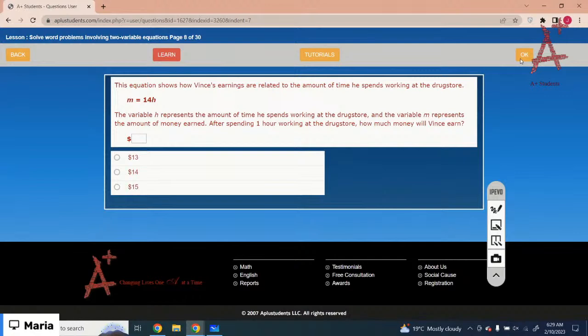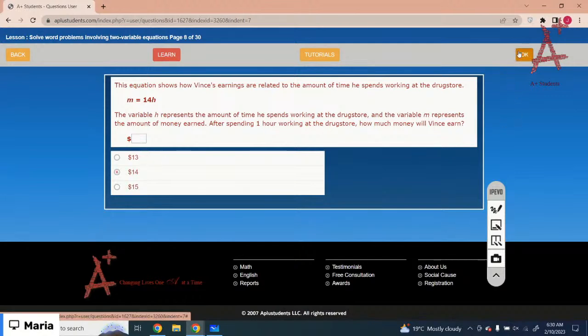So 14 times H. So 14 times 1 is 14. So the correct option is, yes, it is 14.